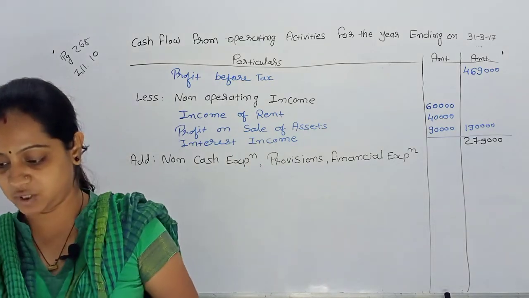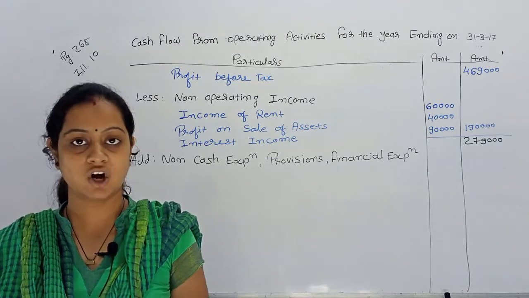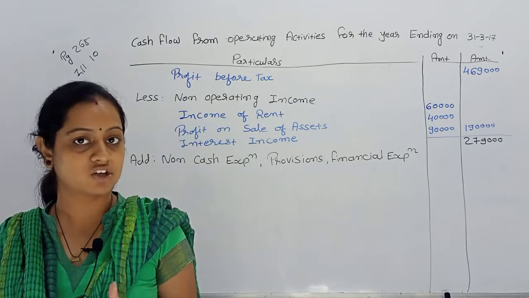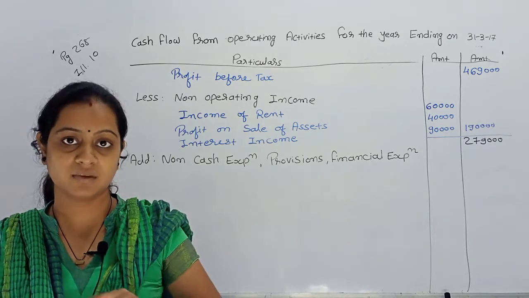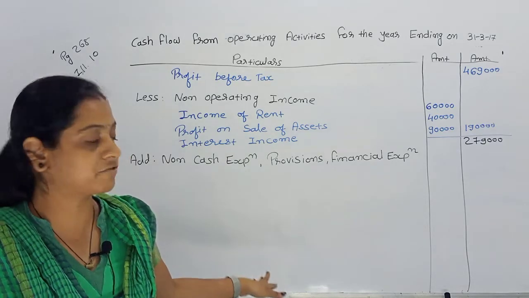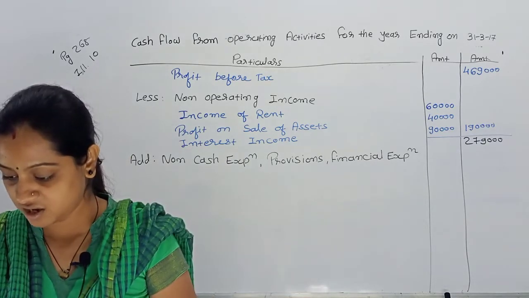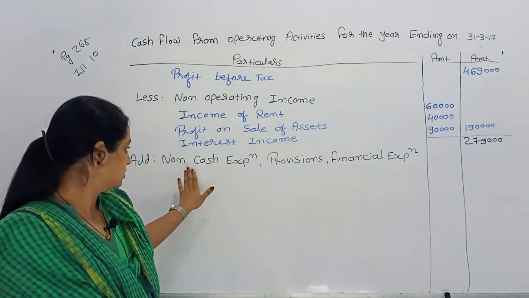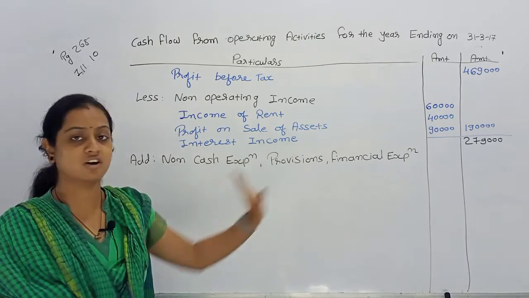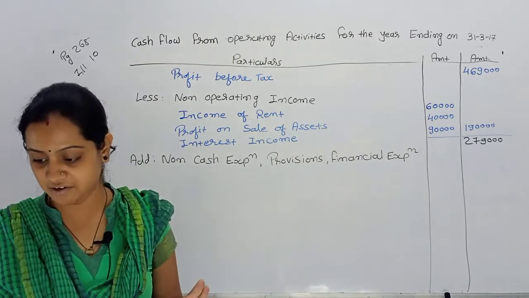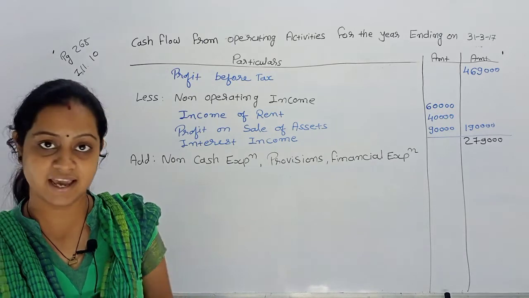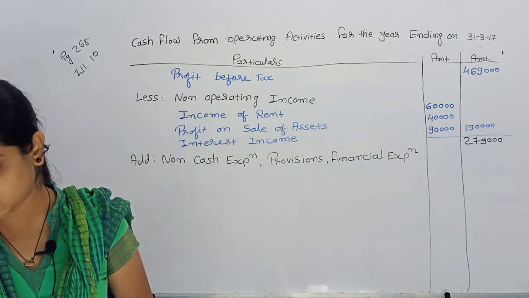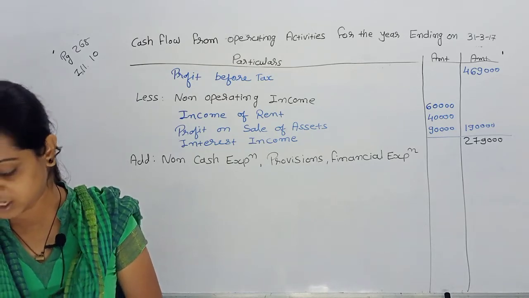First one, they have given purchase of goods, that will not come in these three heads, right? So will not write. Change in stock, will not write here, because that will come in current assets and current liability, after completion of this point. Then employee benefit expense, that is already our operating expense, right? That is not our non-cash, not provision, not financial expense, so will not give any effect. Then depreciation, yes, depreciation is our non-cash expense, so we have to write depreciation on assets, amount is 25,000.